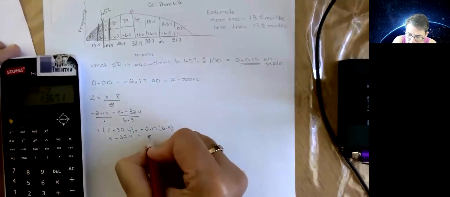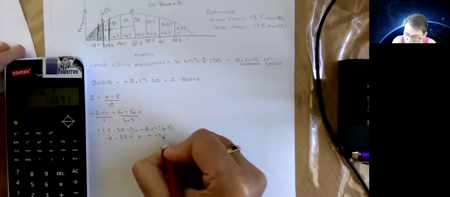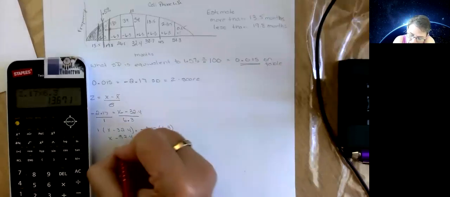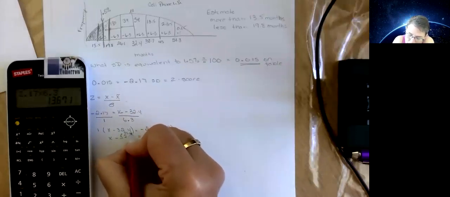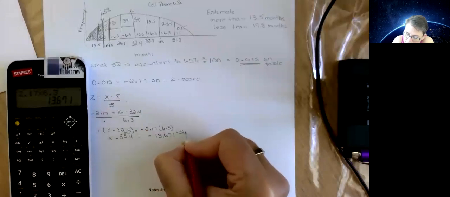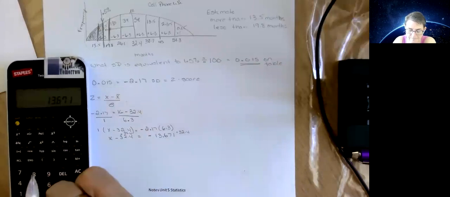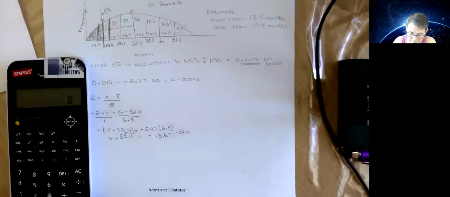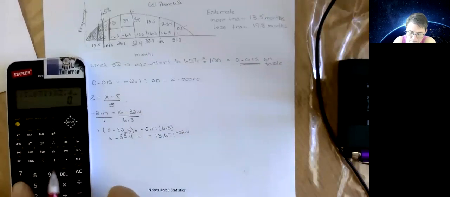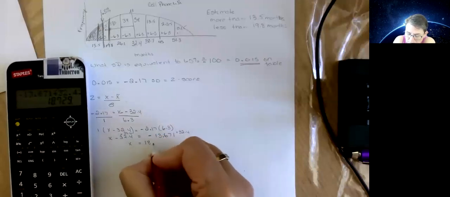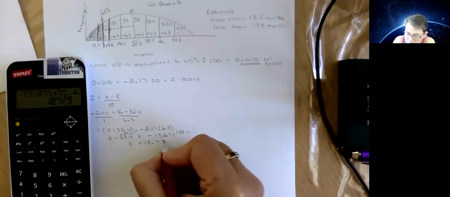All right, that's going to be negative 13.671. And we need to get the x by itself, so let's add 32.4 and add 32.4. Yeah. Six, 7, 1 plus 32.4 is x is equal to 18.729.